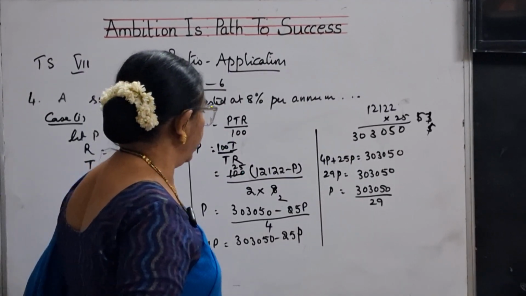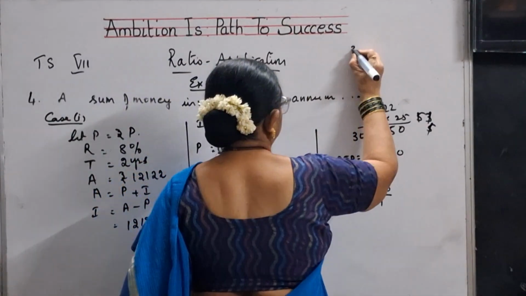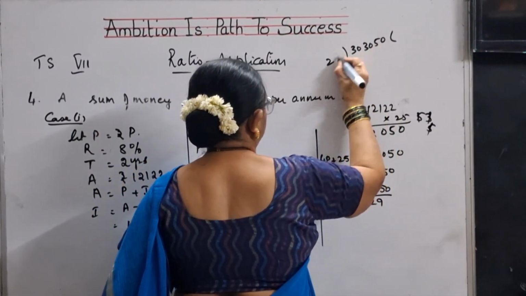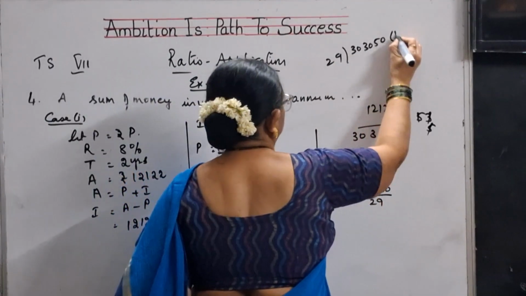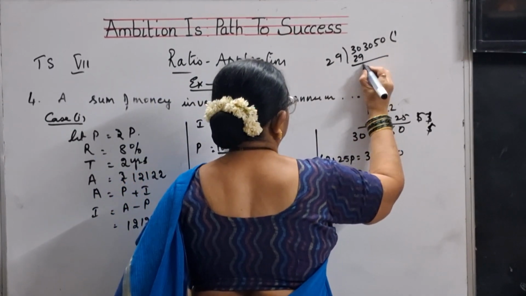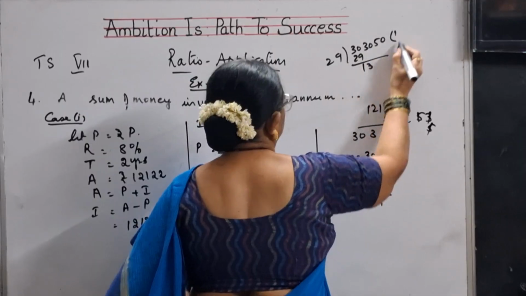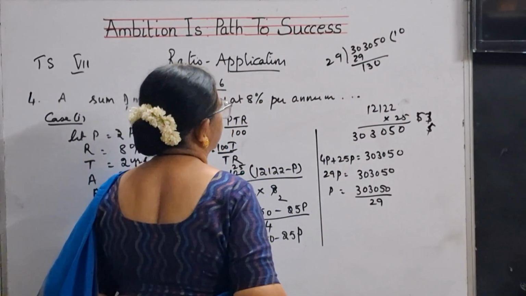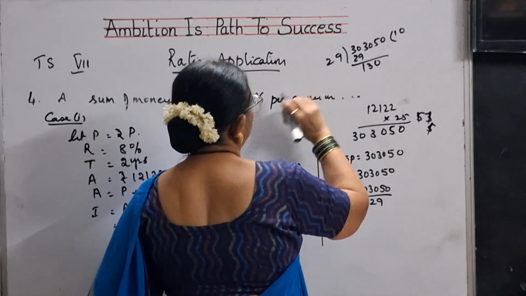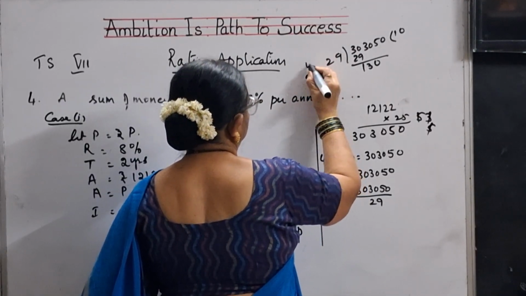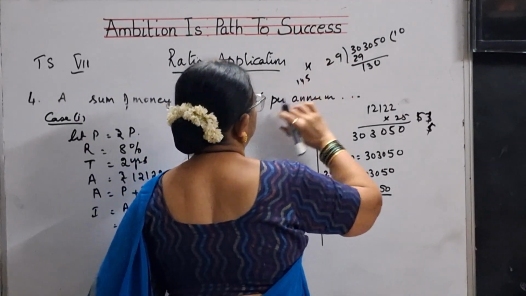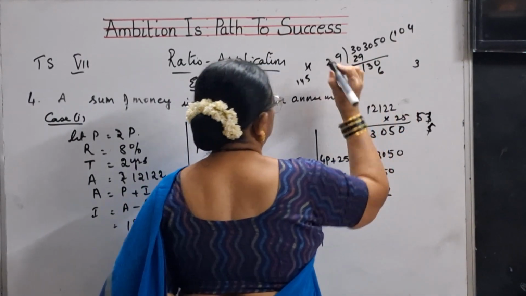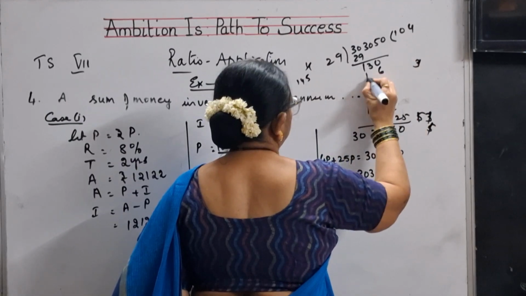Let us divide it. 303050 divided by 29. 1 is 29, 3, I cannot do, so keep 0 and 0. 6 we don't get it. 5 nines are 45, 5 twos are 10, 4, 14. Even 5 will not go. So 4 nines are 36, 4 twos are 8, 11.